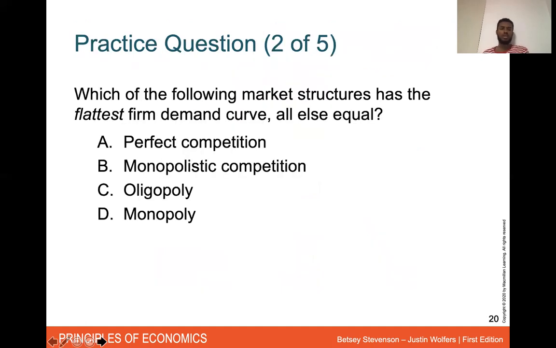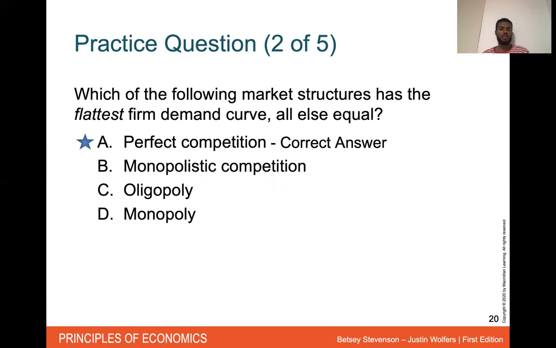So, practice question: which of the following market structures has the flattest firm demand curve, all else equal? Think about it, pause the video. I'm going to go over it in 3, 2, 1. Should be pretty clear if I've been teaching right. It is perfect competition, which makes sense.